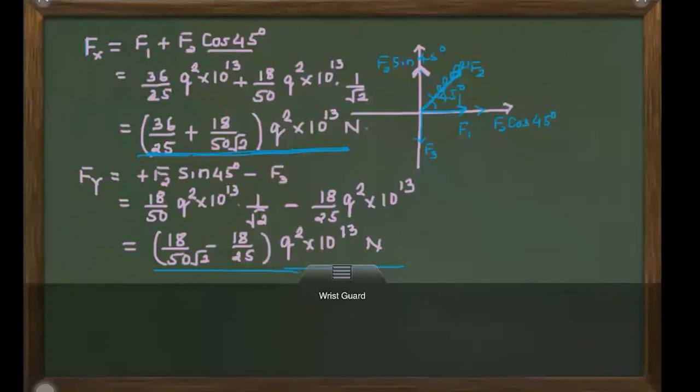If anybody is having a doubt regarding this theory of superposition, you may ask, please. Anybody, if you are having a doubt?